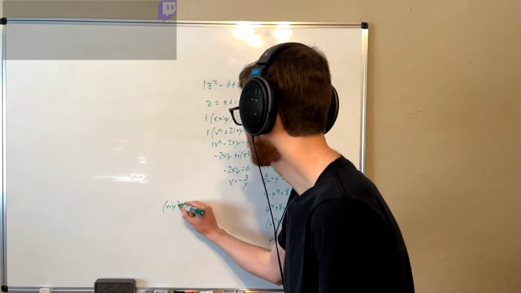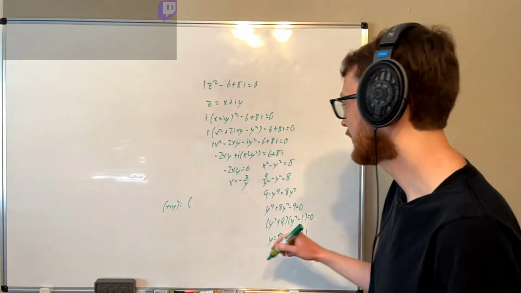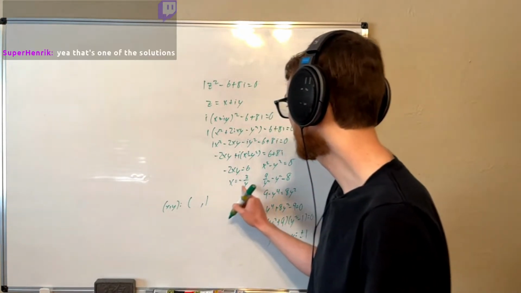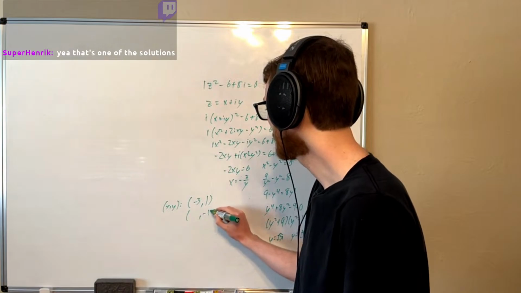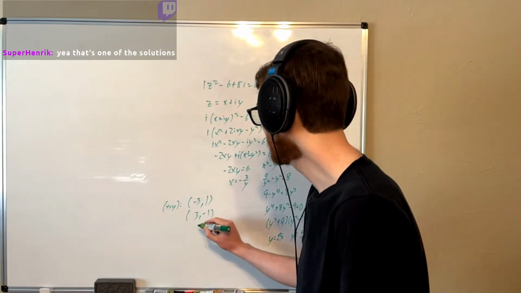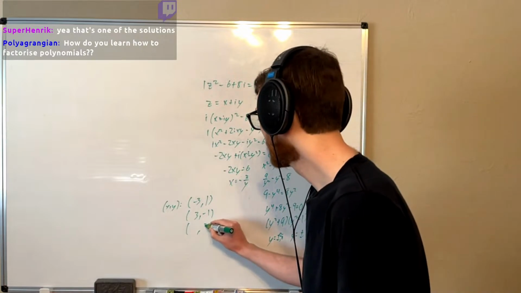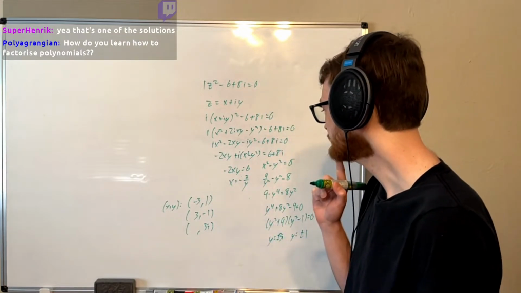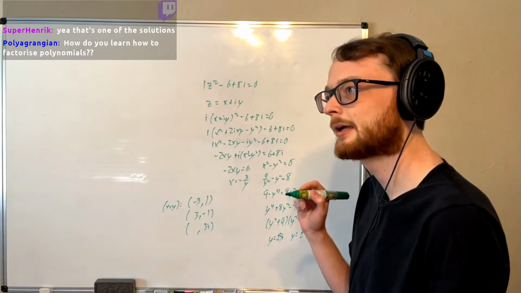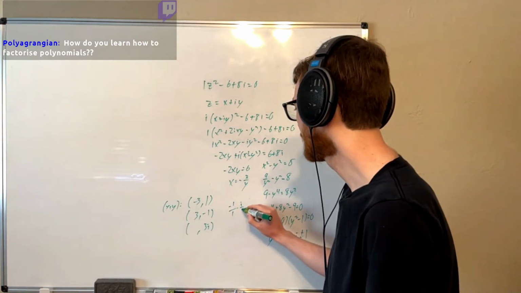So x, y can be... I'll start with, I guess, positive 1. You plug in positive 1 there, you get negative 3 for x. With negative 1, you get positive 3. With positive 3i, you get minus 1 over i, which you can rationalize, times i over i.